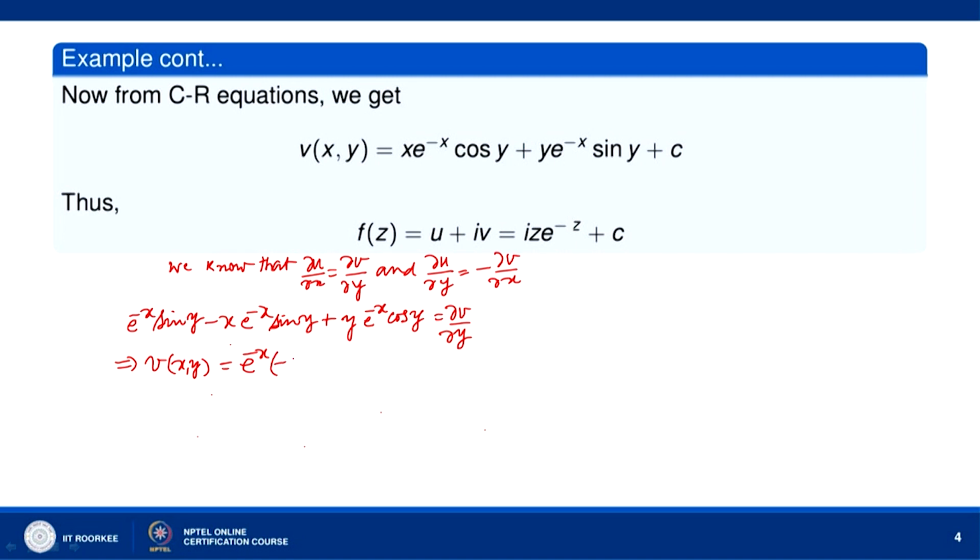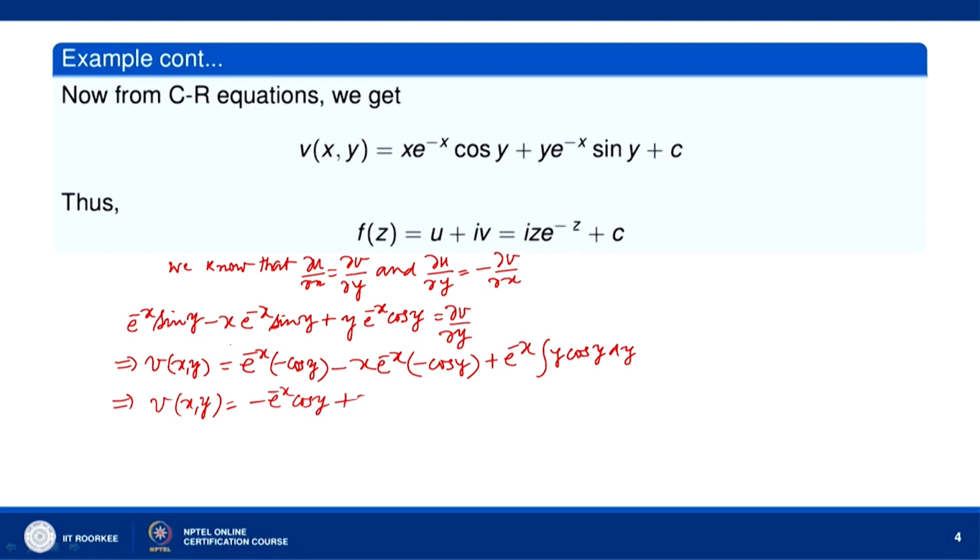Integral of sin y is minus cos y, okay, and then we have minus x e to the power minus x, integral of sin y is minus cos y, then we have e to the power minus x integral of y cos y dy. Okay. This gives us v(x, y) equal to minus e to the power minus x cos y plus x e to the power minus x cos y plus e to the power minus x times the integral.